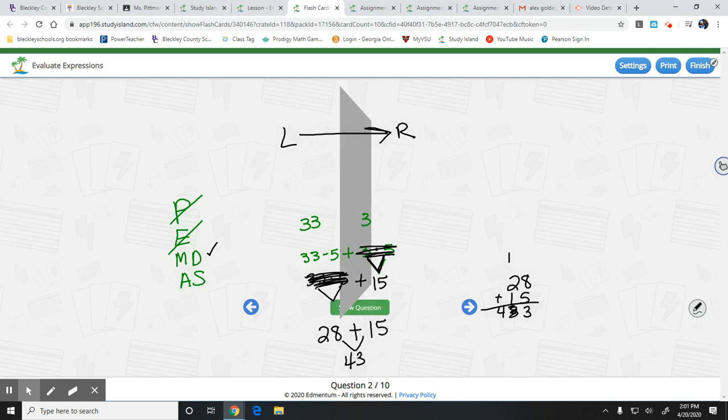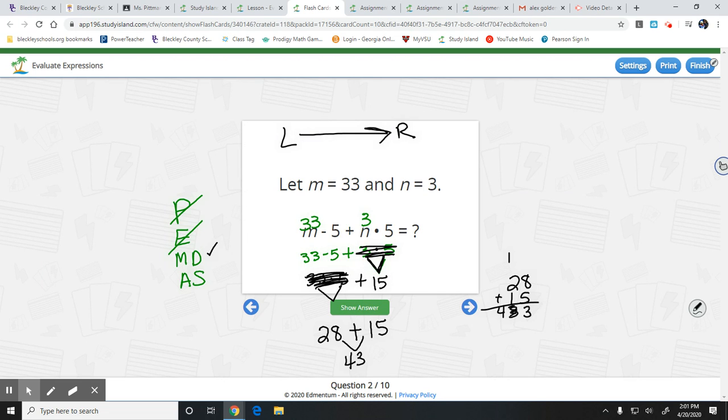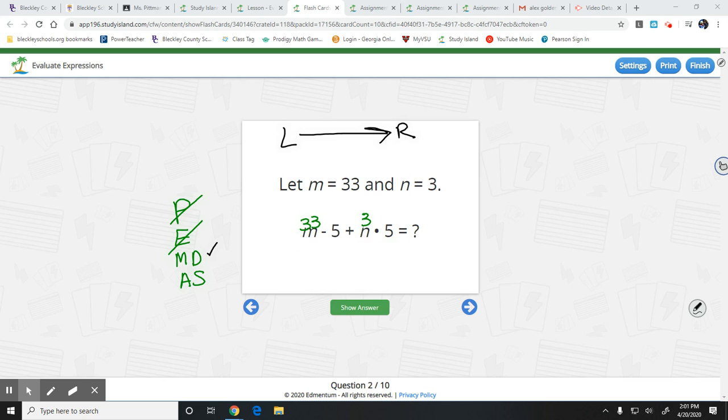All right, now I want you to flip this back over real quick. And I want to see what happens if I don't follow order of operations, okay? Let's say I just work this out from left to right. 33 minus 5 we said was 28, right?